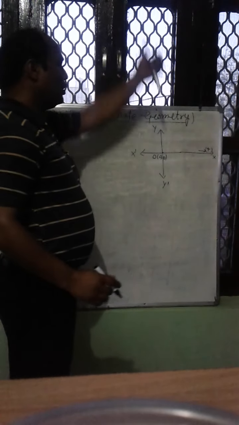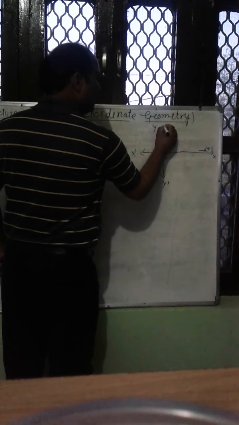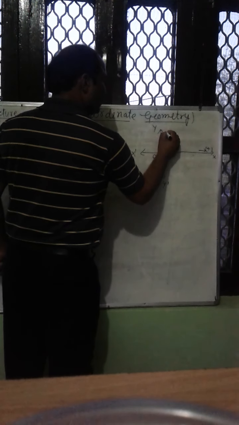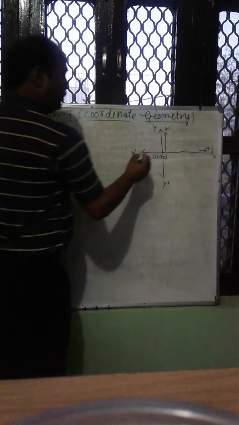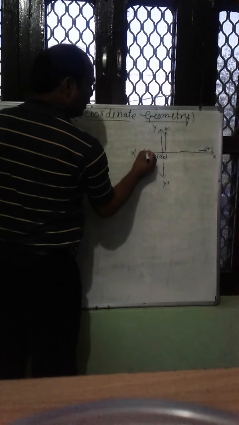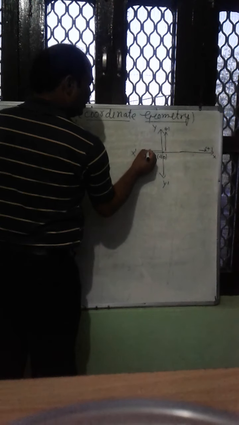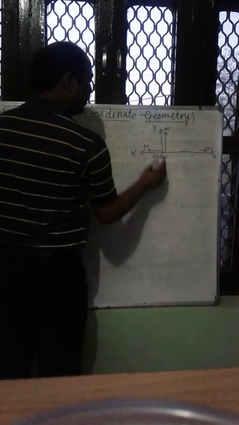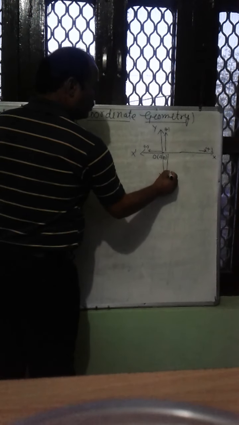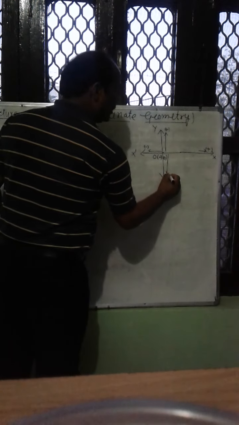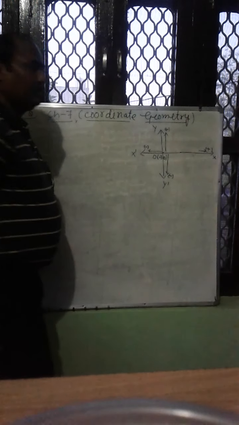If we walk in the upward direction, this also takes the positive sign. If we walk towards the x dash axis, it takes the negative sign. If we walk downwards from the origin, that is also negative.